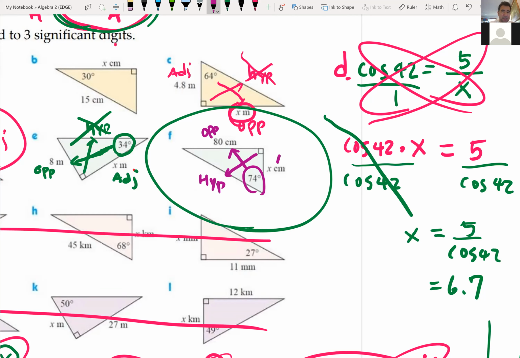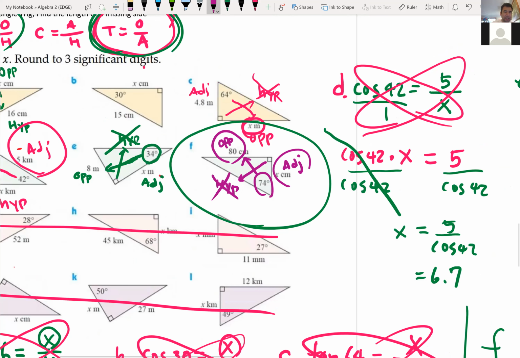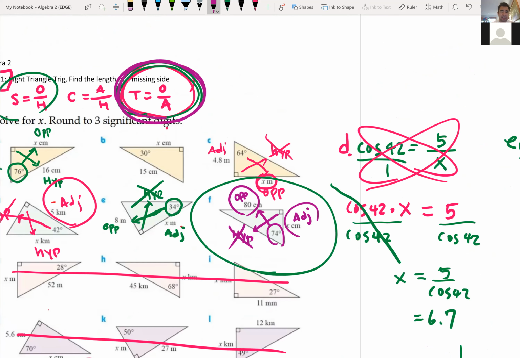That leaves the last side to be adjacent. It has to be, okay? There's no labeling on a hypotenuse, so hypotenuse is out. So we are talking about an opposite and adjacent combination, and that is, again, a tangent problem.